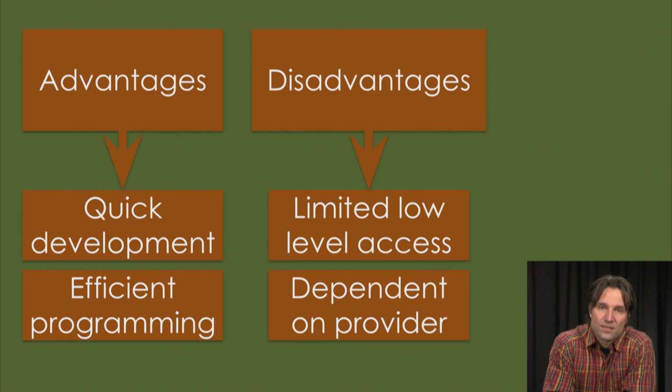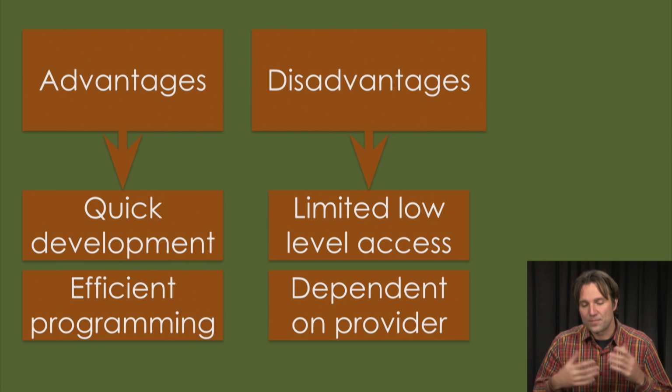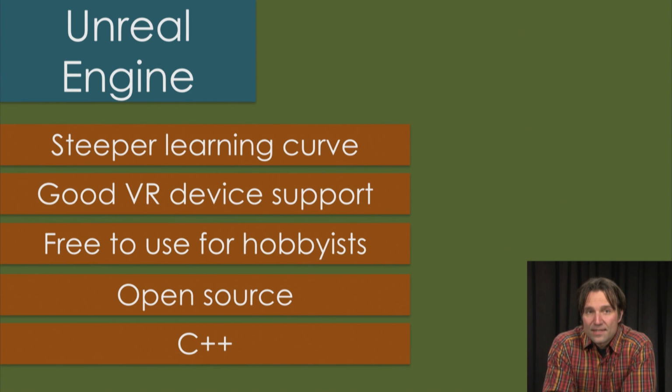You also depend on the provider when it comes to hardware support. Say there's a new virtual reality headset coming out and you want to support it. If the provider of your toolkit doesn't actually support that device yet, then you won't be able to write software for it. So let's take a look at these three authoring toolkits and what their differences are.